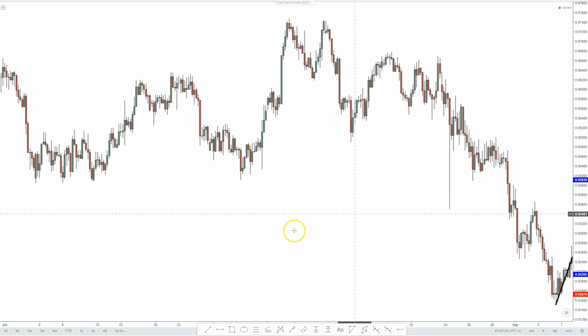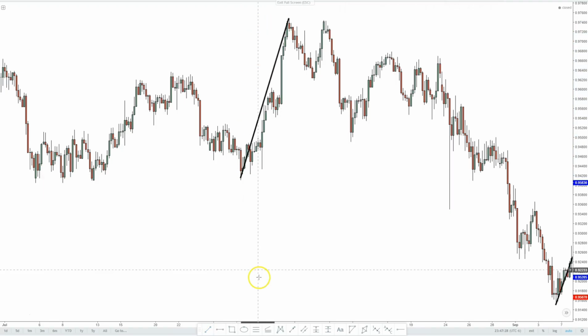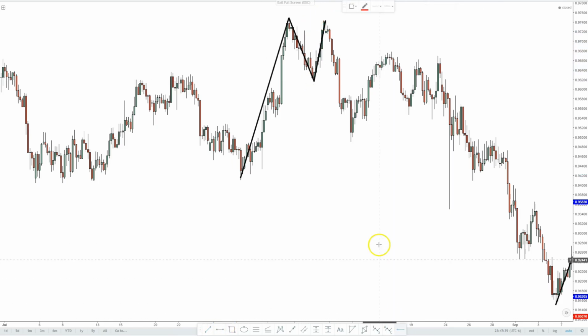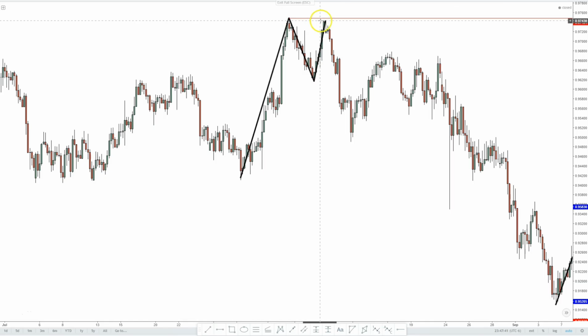So right here, I'll do a quick one right here. I'm going to break up, break back down, break up, retest the high, fail to break it, right?